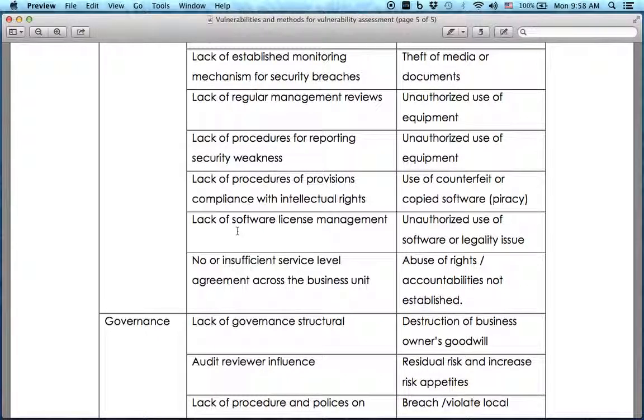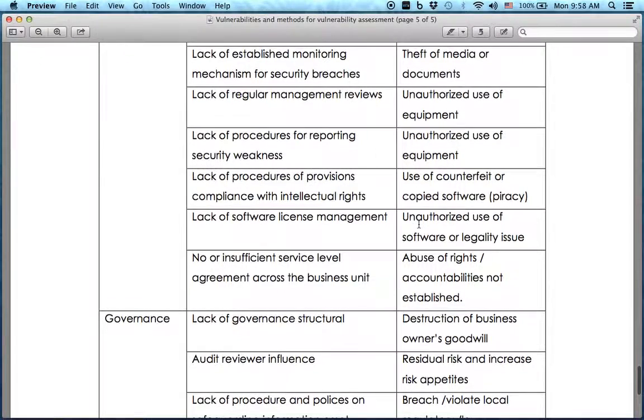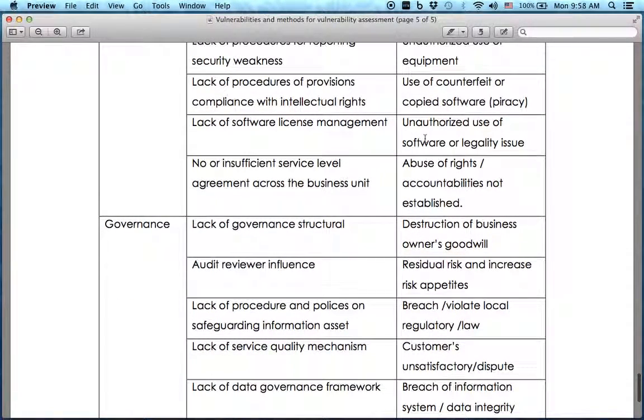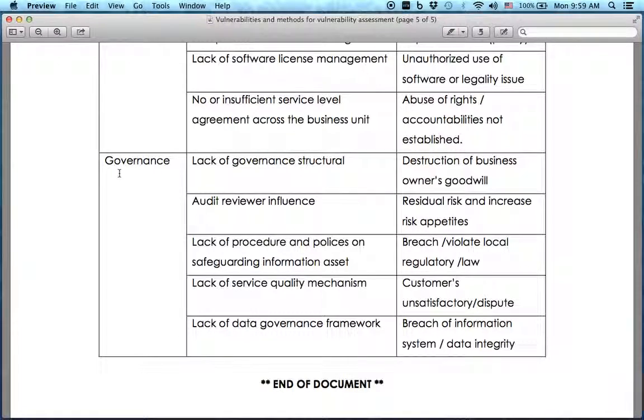If we do not control the software license well, the threat is unauthorized use of software and legality issues. We refer to this as a compliance issue. This will lead to reputation damage. Sometimes we may go to court, and there are a lot of issues in this area. So be careful.